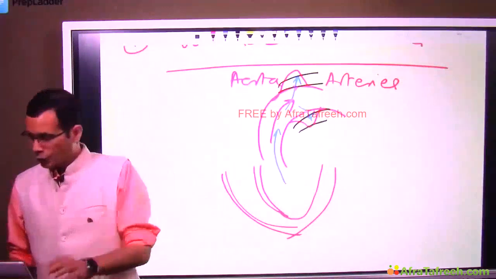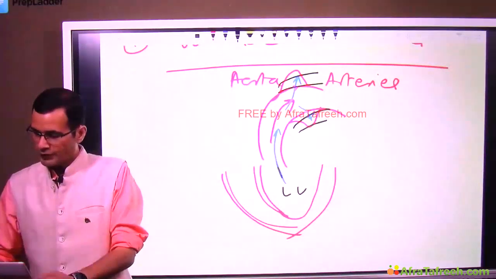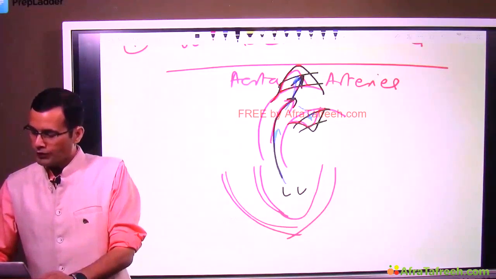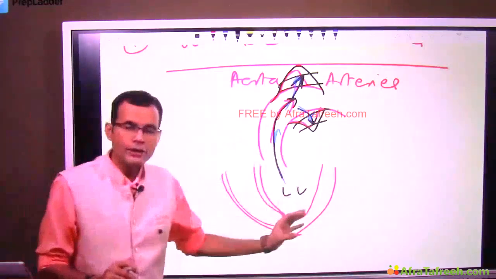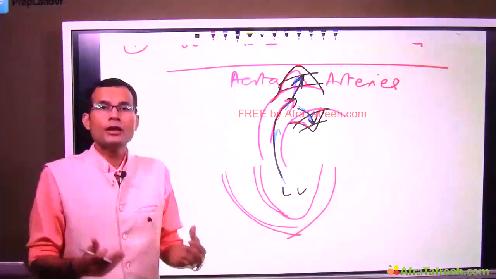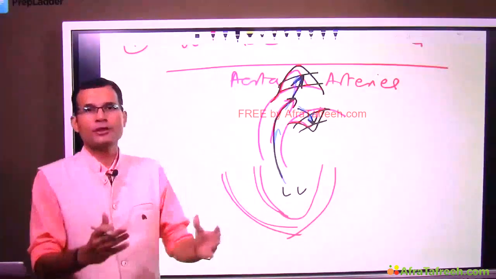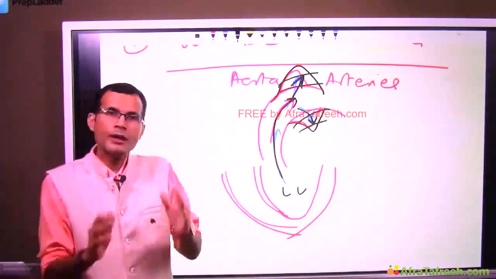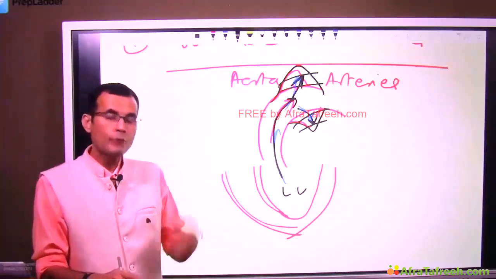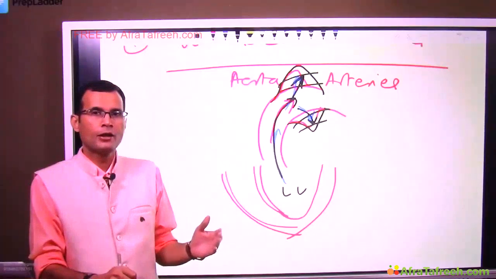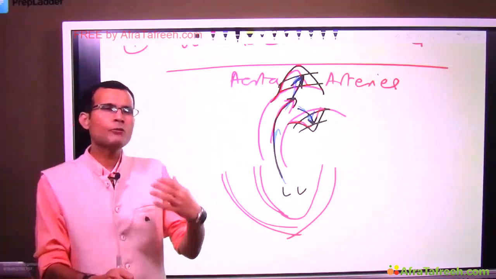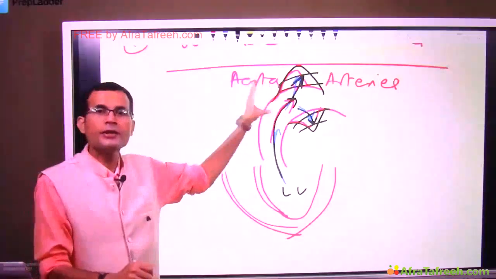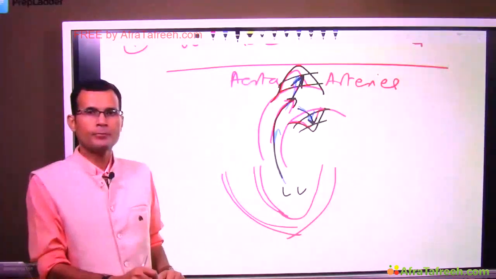Let's just understand once again. When the left ventricle goes into systole, it ejects the blood and the aorta will distend and accommodate the blood without allowing much rise of pressure. Try to understand: the pressure in the aorta will rise, it will become the systolic pressure, but there won't be much rise because the aorta distends and accommodates that blood.